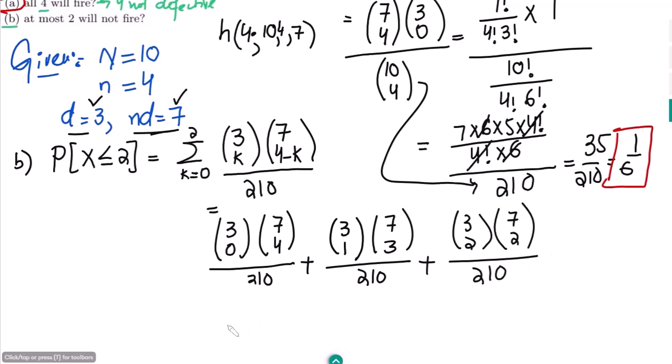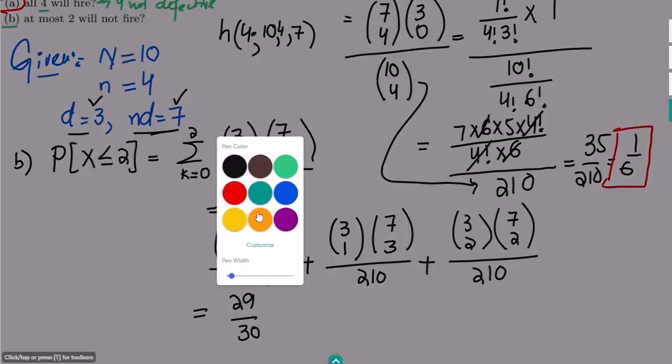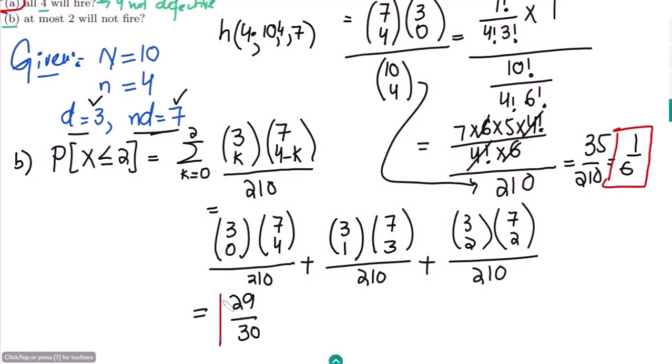Once it is calculated and all the values are found, it would be 29 by 30, which is the solution of part B of my question.